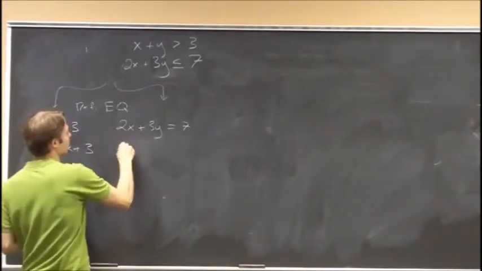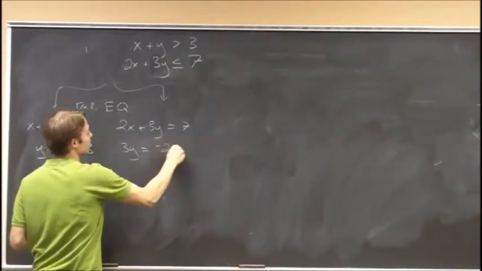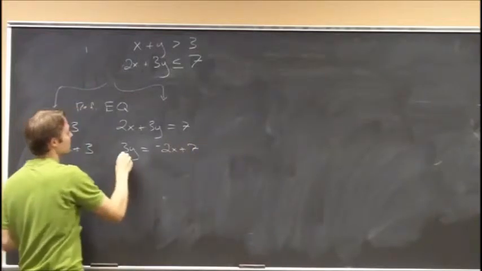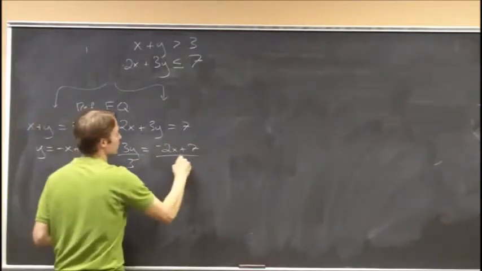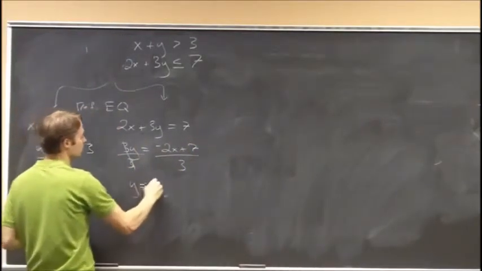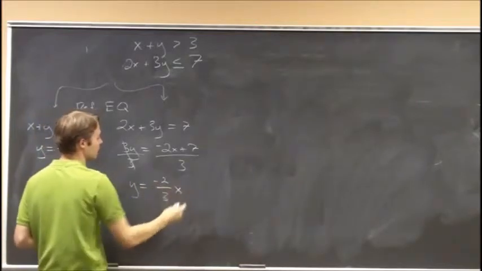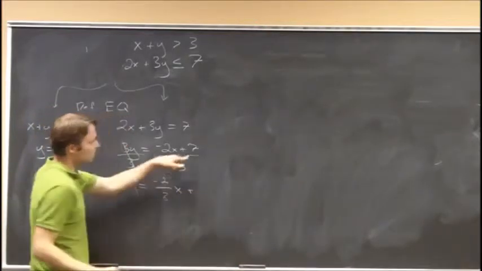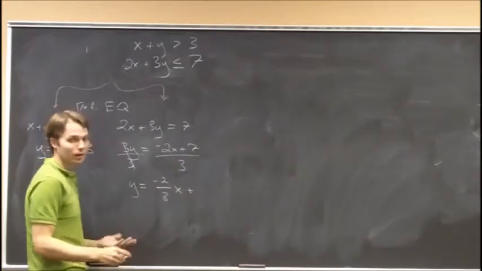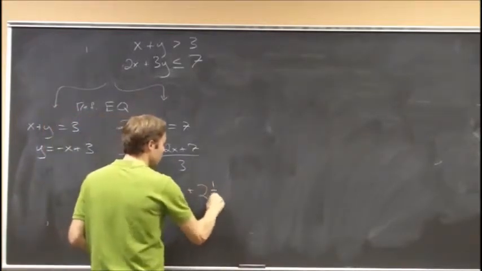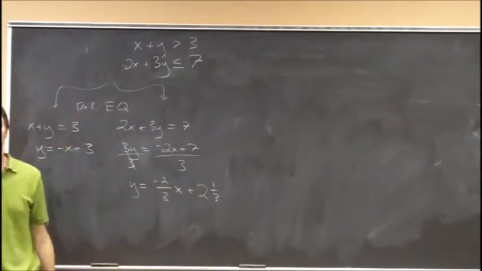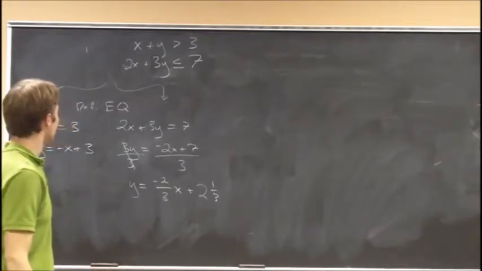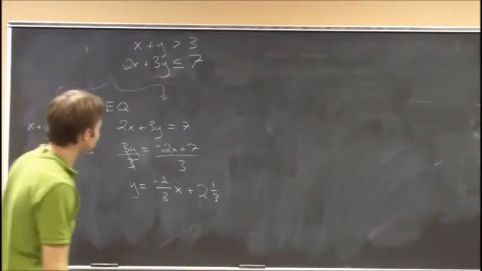Here I can subtract the 2x, so 3y is equal to negative 2x plus 7, and then divide everything through by 3. So y is equal to negative 2 over 3 times x plus 7 divided by 3. I'm just going to write this as 2 1/3, to help me see exactly where it's going to be on my Cartesian plane.